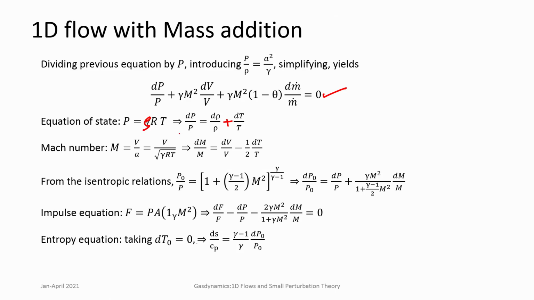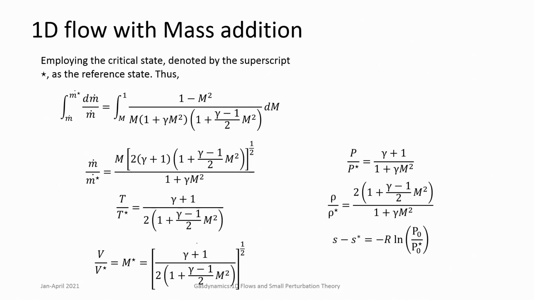How is that related? Then you have the P naught by P relation. From here you can get the relationship between P naught and P, and similarly the impulse function, and also you consider the dT naught.